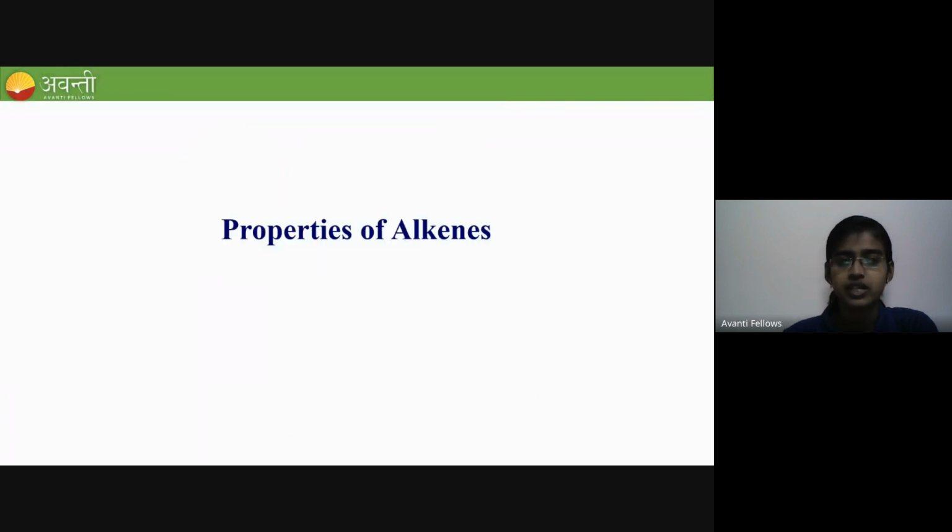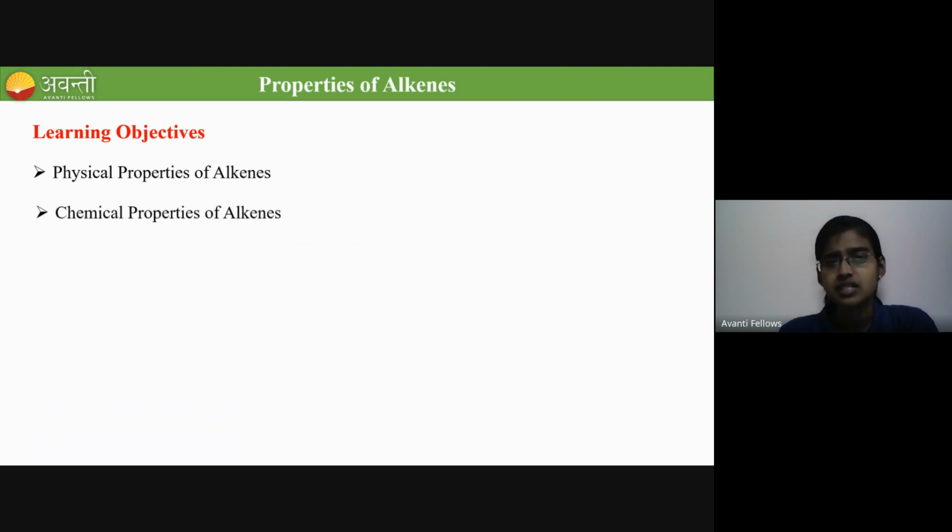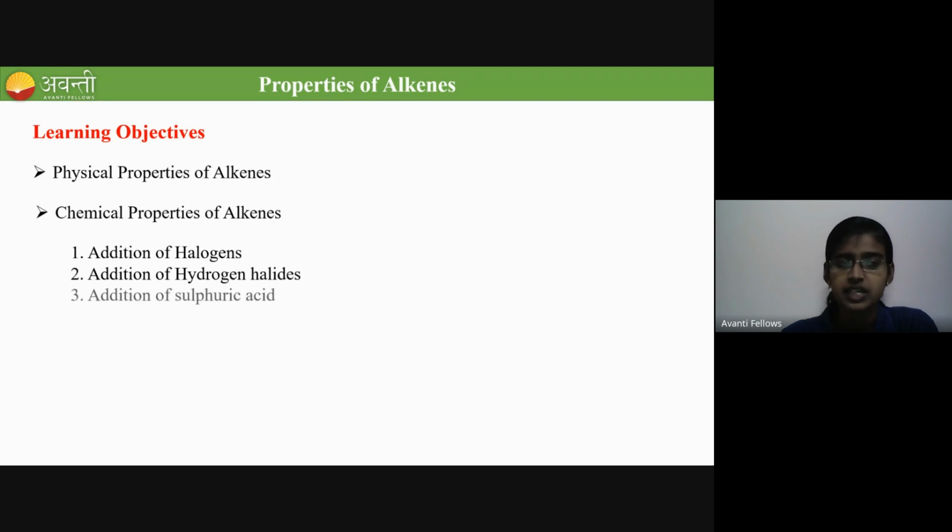Today we will discuss the properties. In the properties of alkenes, we will discuss the physical properties and the chemical properties, that is, the chemical reactions of alkenes. We are going to see some 7 to 8 reactions. The first is the addition of halogens. The second is the addition of hydrogen halides. The third is the addition of sulfuric acid, H2SO4.